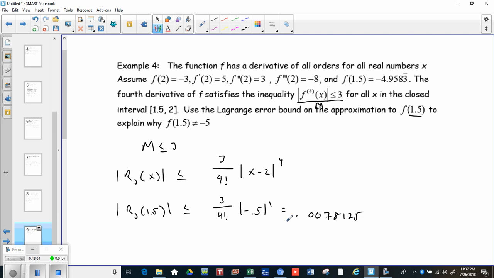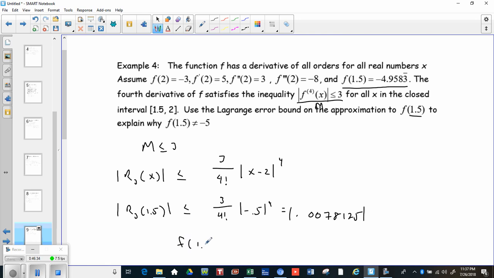This is the greatest possible error. Well, if this is the greatest possible error, remember it's an absolute value, and this was the value of f of 1.5, if I subtract this value, since it's negative, I should not be able to get to negative 5. So let's see if that's true.